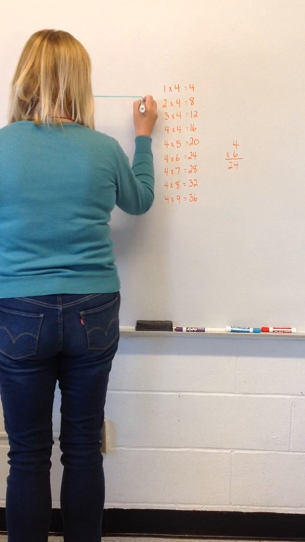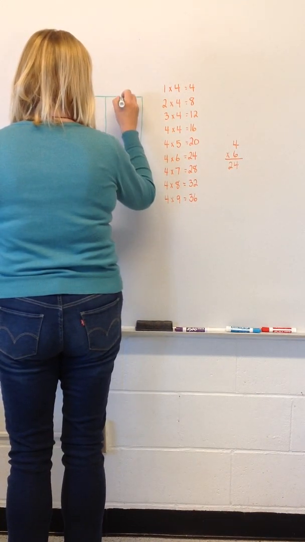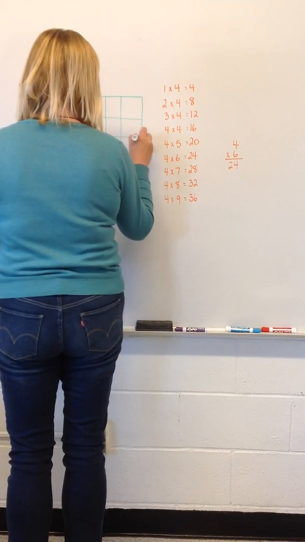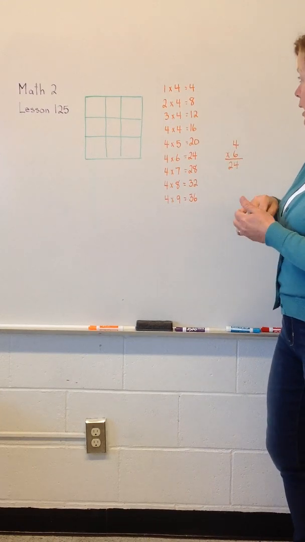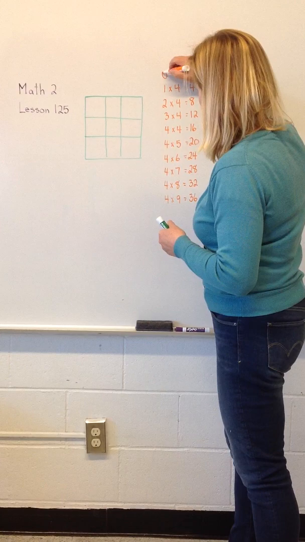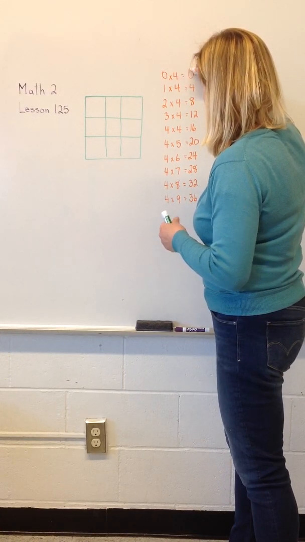Remember, the bingo card has 9 spaces. It kind of looks like a tic-tac-toe. So, we did not do the 0 times 4. Remember, equals 0.